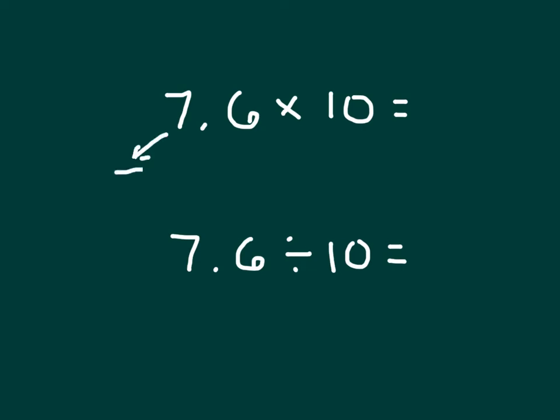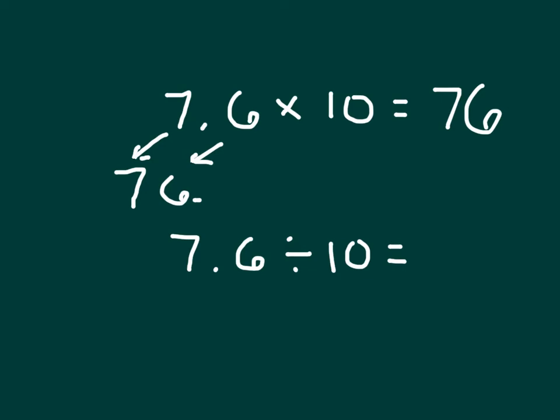That 7 times 10 would be worth 70. And that 6/10 times 10 also gets moved over one place, because 1/10 times 10 is already 1. So 6 of those tenths, we have 6. So we have the number 76. That decimal point comes straight down, but when we write it, we do not include that decimal point.